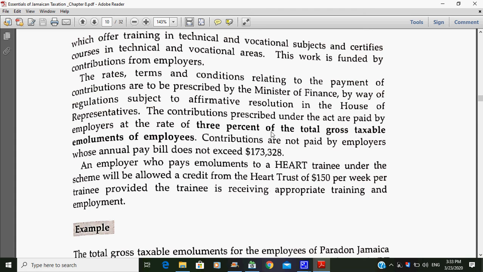Contributions are not paid by employers whose annual pay bill does not exceed 163,328. An employer who pays emoluments to trainees under the scheme will be allowed a credit from HEART of $150 per week per trainee, provided the trainee is receiving appropriate training and employment.